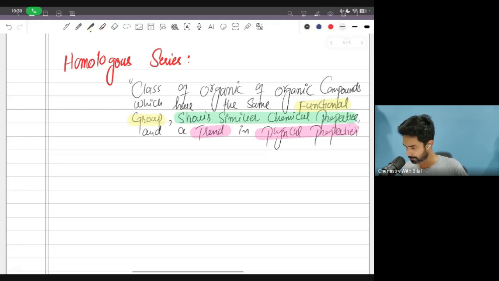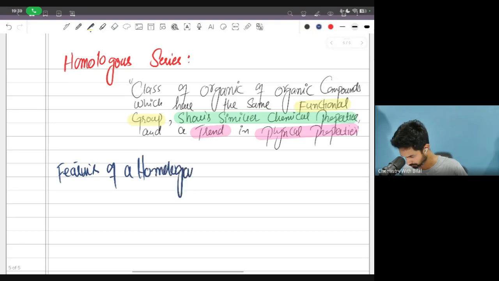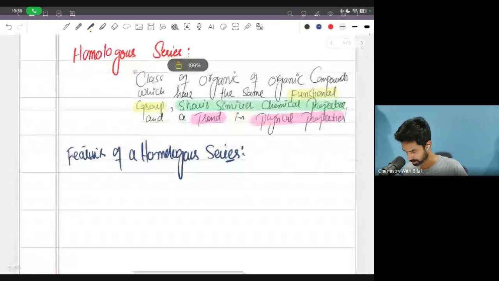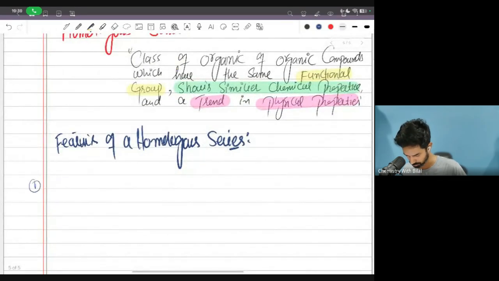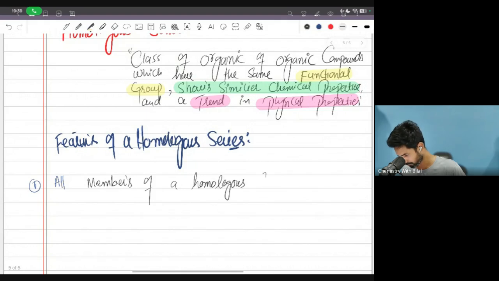Now we have some of the characteristic features of a homologous series. What are those features? All members of a homologous series, definition में क्या लिखा हुआ था?